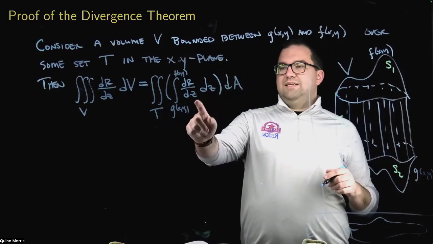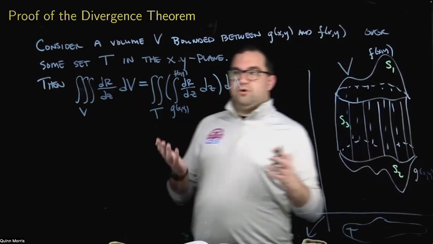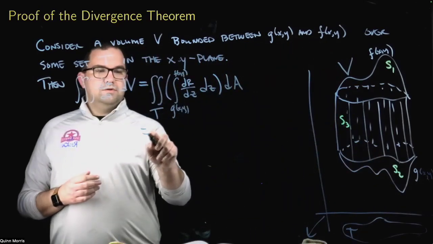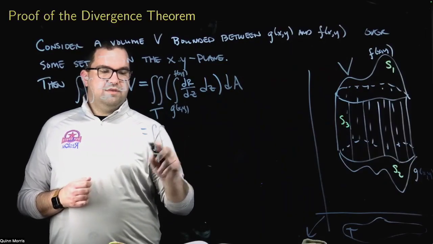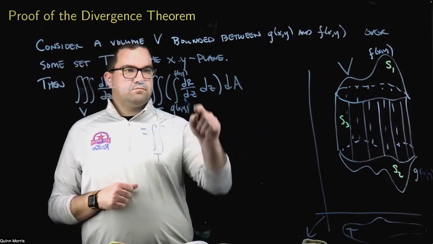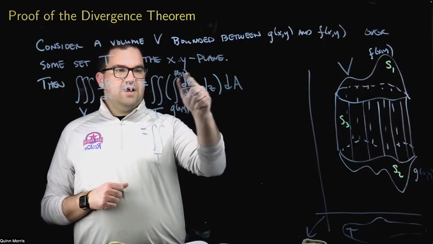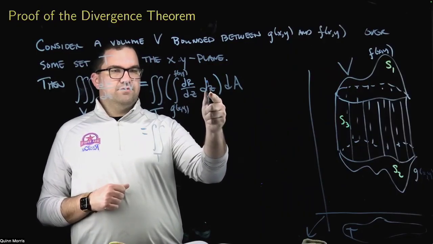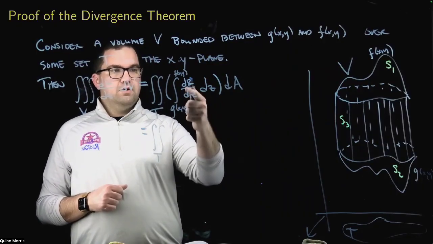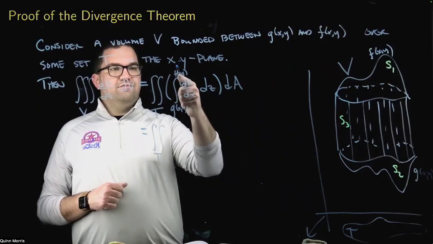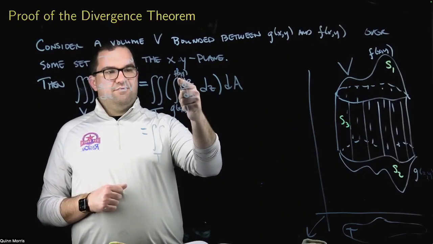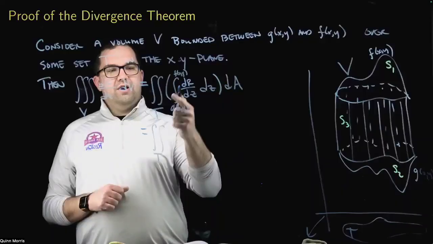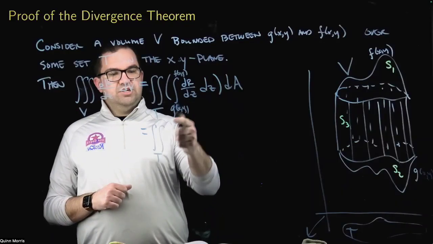But now if I look at this single integral, I can apply the fundamental theorem of calculus. So I still have the double integral on the outside, but now the antiderivative of dr dz with respect to z is just r. So this is just r evaluated at z equals f of xy minus r evaluated at z equals g of xy.